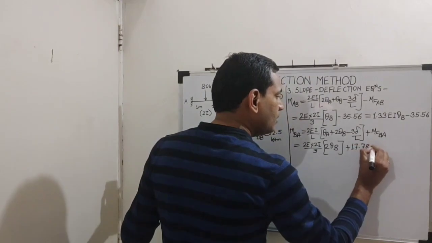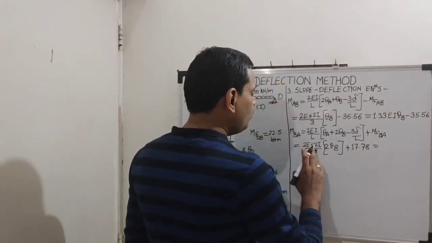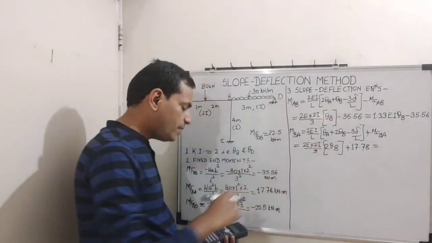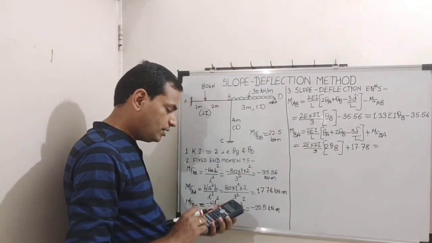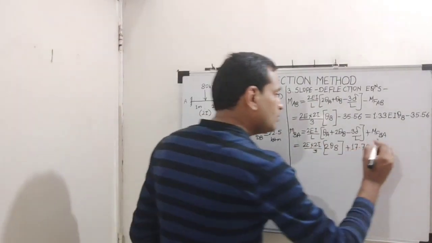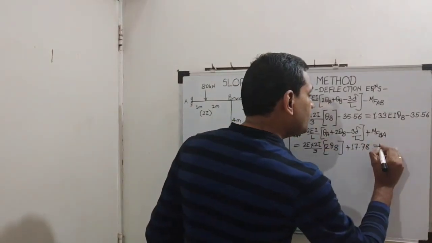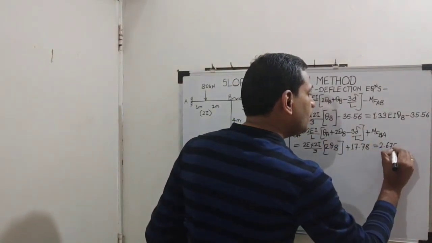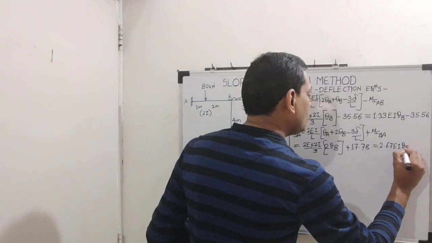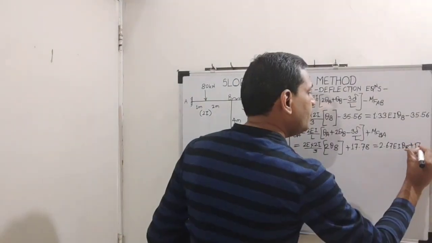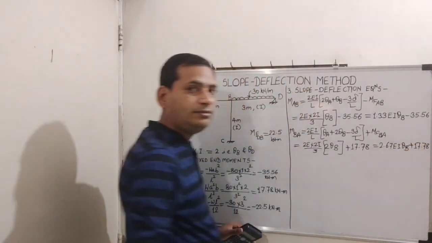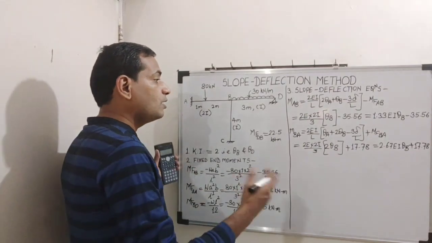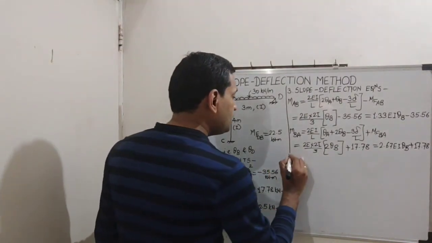Okay, so 2 into 2 is 4, 4 into 2 is 8, 8 by 3 is 2.67. Okay, so the MBA equation is 2.67 EI theta B plus 17.78.